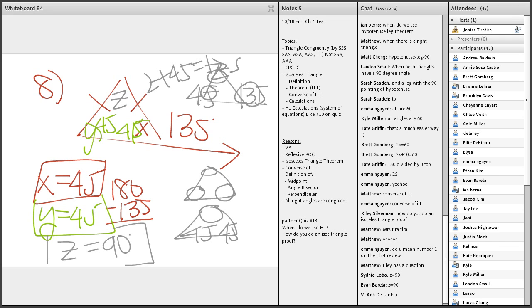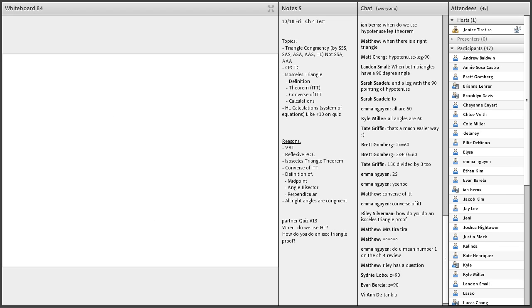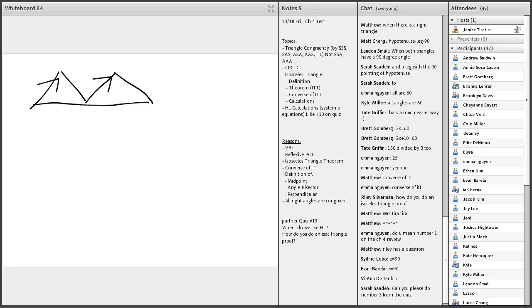Okay, so this is number 13 from the partner quiz. And this was a pretty good one because it incorporated last chapter 3 stuff, the converse of parallel, the converse of corresponding angles, etc. So let me draw the picture first, and then I'll try to label everything. Okay, these are parallel.